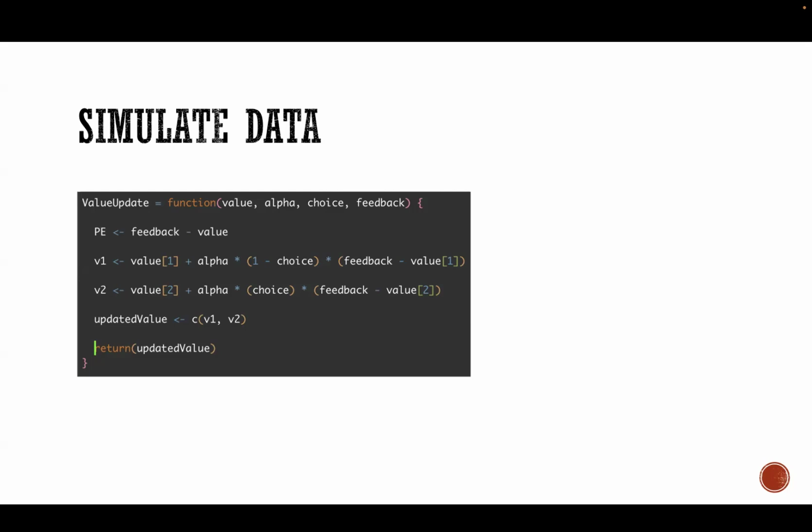And I take the value for the second choice, and I say that it should be updated according to the reinforcement learning rate, the choice, and the feedback minus the value for 2.